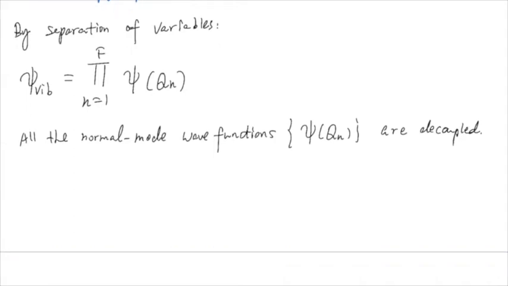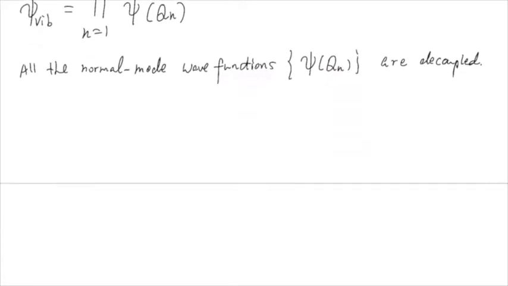So under the harmonic oscillator approximation, we can apply the separation of variables, and then the total vibrational energy, E vib, for the whole molecule is equal to the summation from 1 to capital F of epsilon n vib. This epsilon n vib is simply the eigenvalue for the nth normal mode wave function, right?